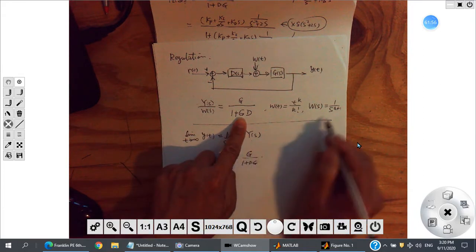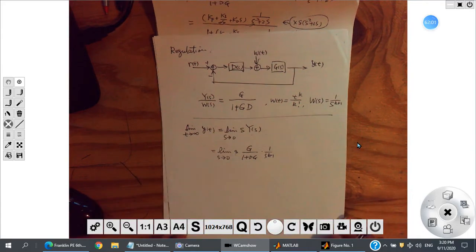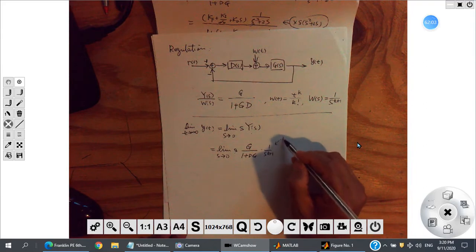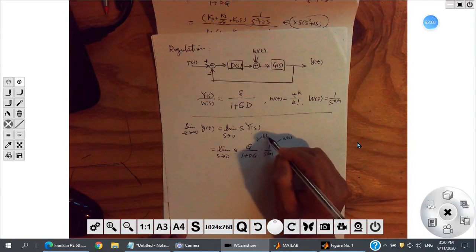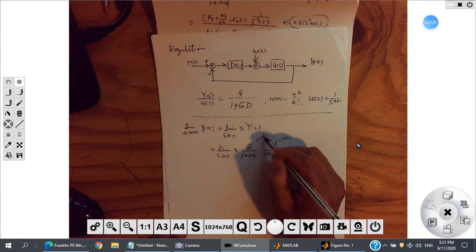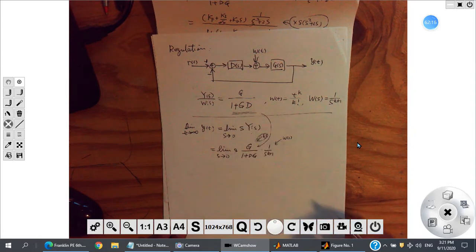And W is 1 over S to the K plus 1. So this is W. This is T2S, not T2. This is just the transfer function.